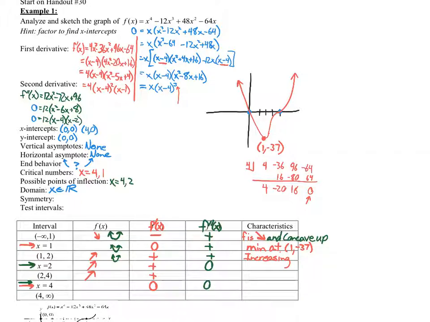If I plug in 3 into my second derivative, I have 12 times 3 minus 4, which is negative, times 3 minus 2, which is positive. So positive times negative makes a negative. That means my function is concave down.